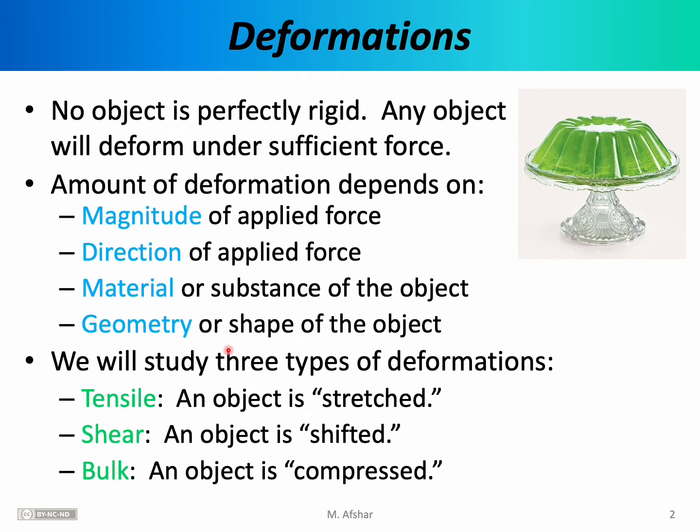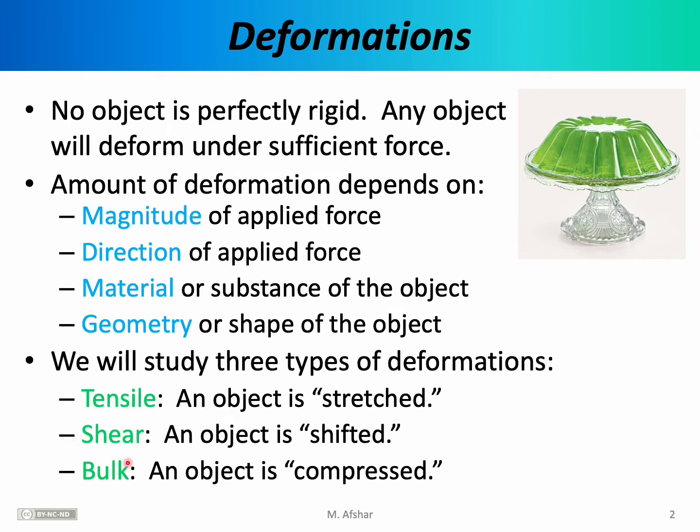In this class, we'll study three specific types of deformations. There are certainly other types, but those other types often resemble these three main types of deformations. We'll be discussing tensile deformations. Roughly speaking, a tensile deformation is a stretching of the object. We'll also discuss shear deformations.